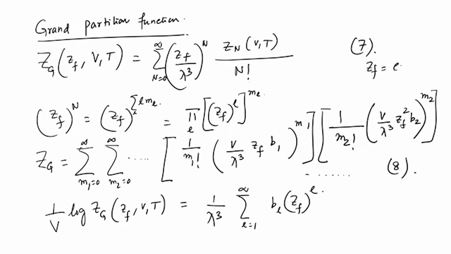Just to remind you that z_F is equal to exponential beta mu. Okay. So, this is the expression for the log of Z_G, which is of course related to the grand potential. So, let us call this 9, and so the equation of state is now easy to calculate.